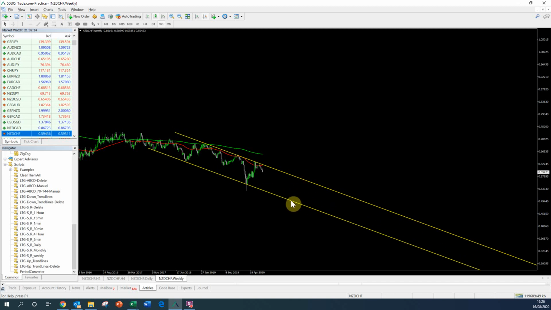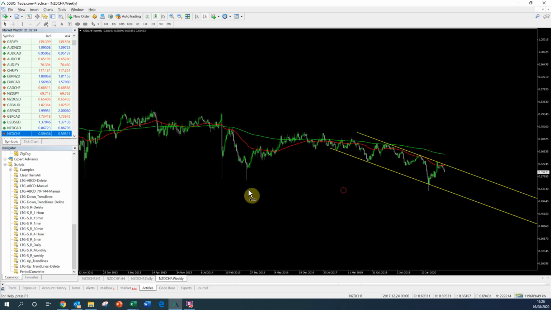And then we've got another one here, which is a really reactive line, acting as support very well across the last couple of years. And then I would think we've got one in the middle as well. So we can see that we're in a descending channel across NZDCHF, and as we're in this downward trend now, shall we say, we've actually had a really nice rejection off of the 50 moving average, which is what we've seen in the past as well.